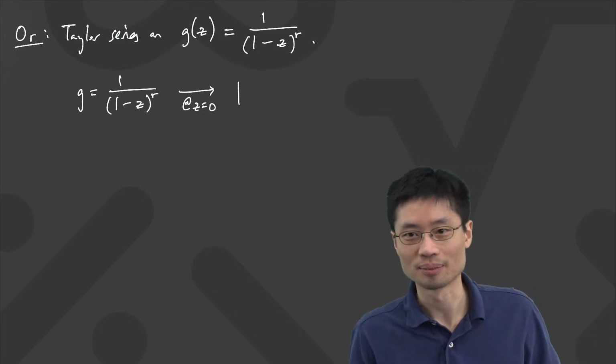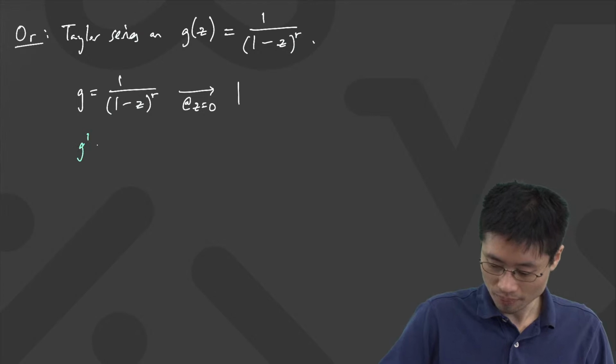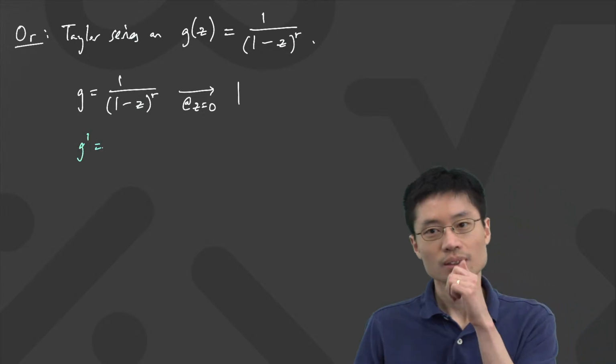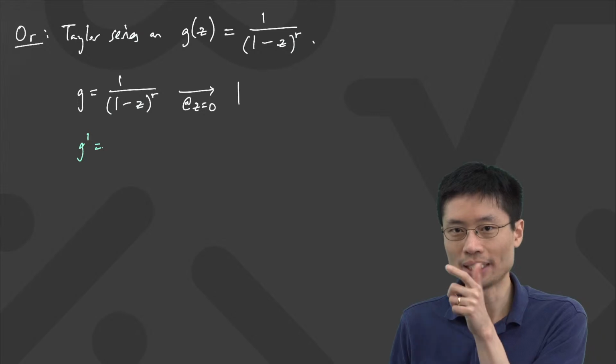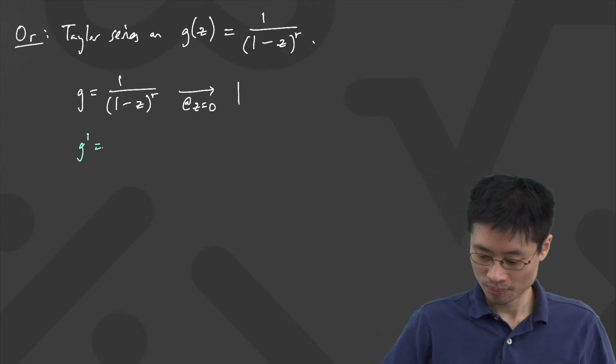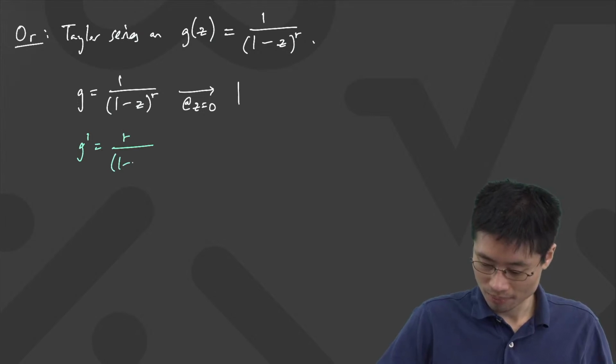That was the easiest one. Now what happens if I take g prime? What's this? Braden. You typically just end up multiplying your fraction by r and then increasing the exponent plus 1. Okay.